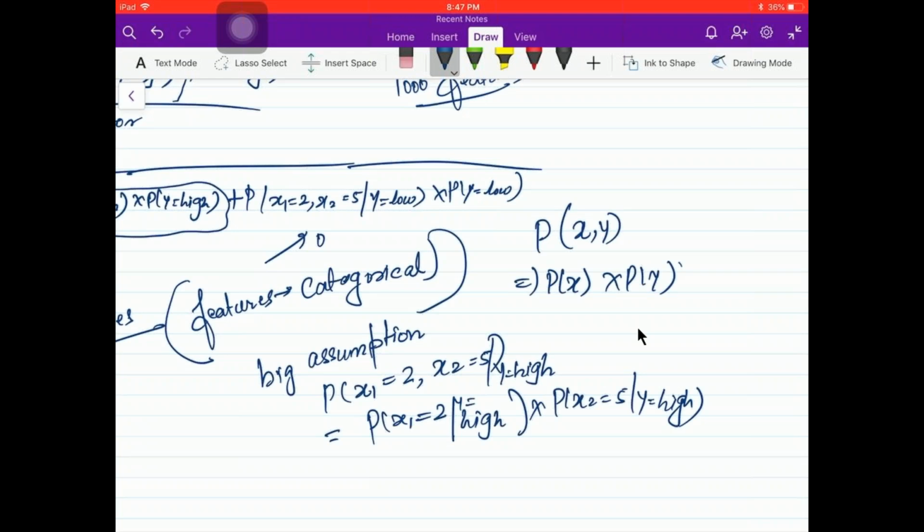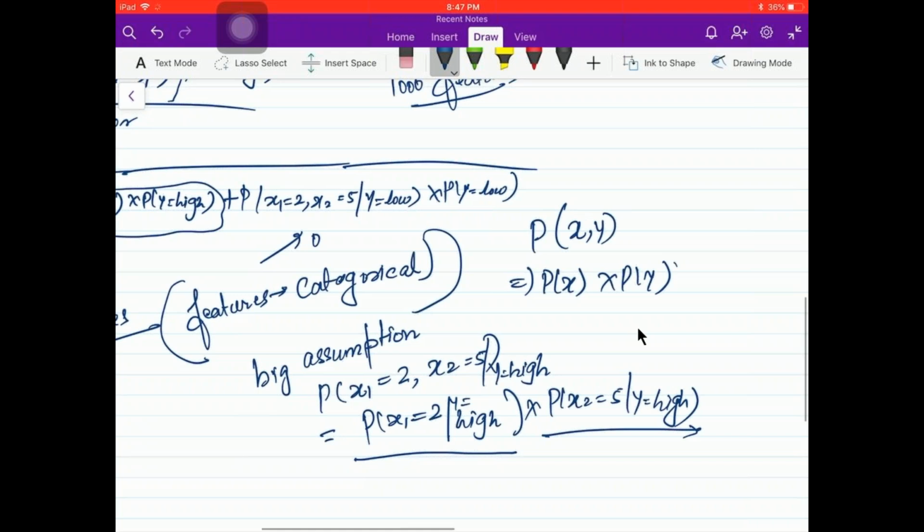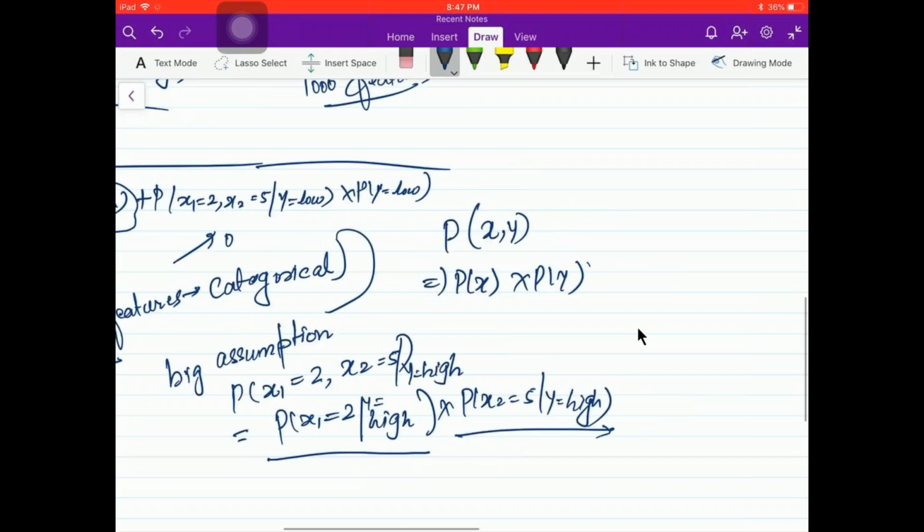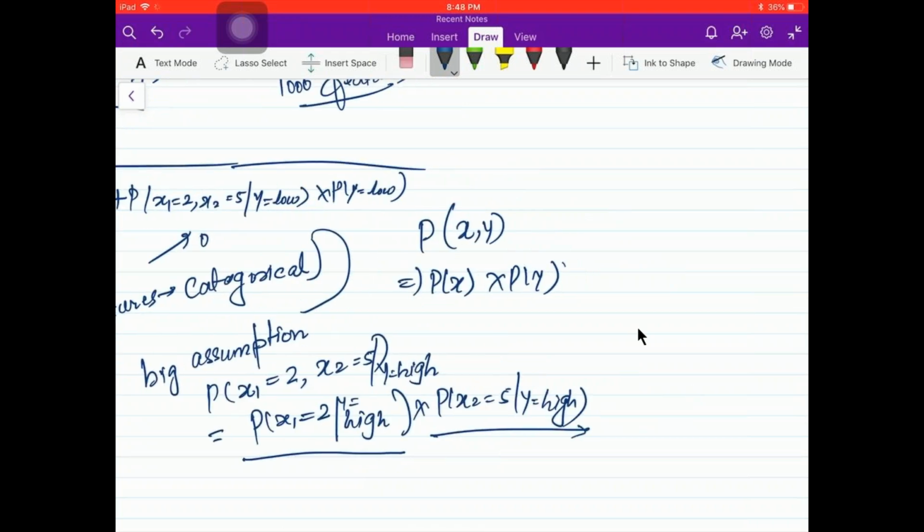So it means the assumption of naive Bayes is that the probability of x1 equal to 2 and x2 equal to 5, given y equal to high, is equal to the probability of x1 equal to 2 given high into the probability of x2 equal to 5 given y equal to high. So this is the independence assumption. Why does this help? Because when you have 1000 features, or a very high number of features, it is not practically feasible for anyone to go into the table and look into the probabilities of individual occurrences.